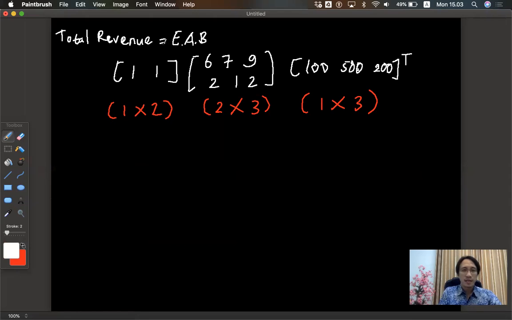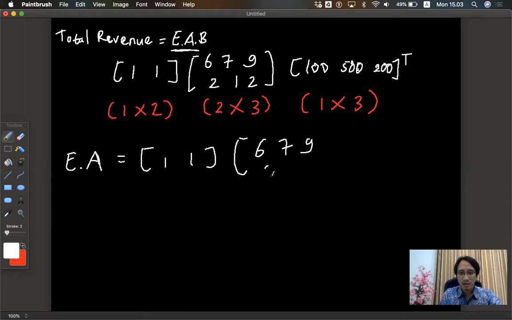So for E times A times B, we need to solve it one by one. E times A equals 1, 1 times 6, 7, 9, 2, 1, 2. This is 1 times 2 and 2 times 3.